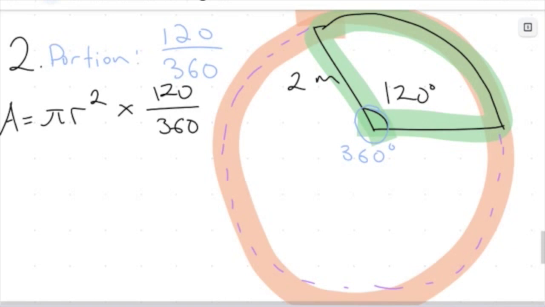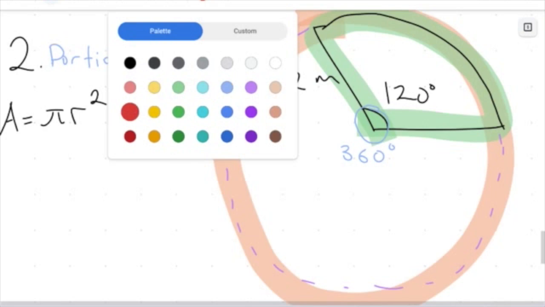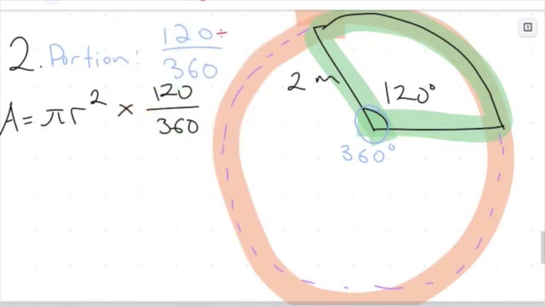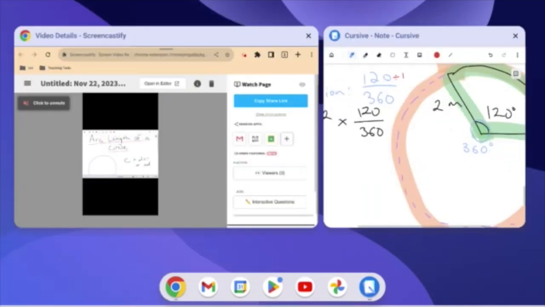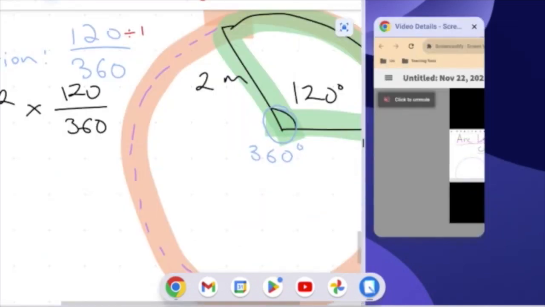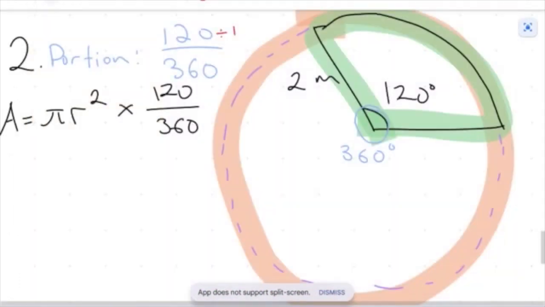Now, 120/360ths, we can actually simplify that because there's a number that goes into both top and bottom here. 120 goes into 120 one time, and 120 goes into 360 three times.